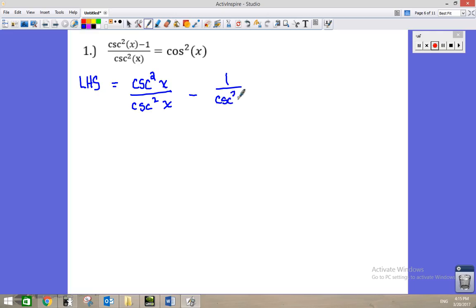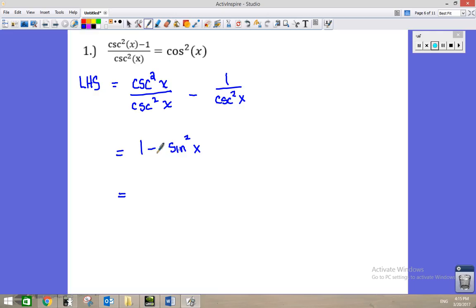So each term in the numerator gets divided by this cosecant squared of x in the denominator. In the first term here we have 1, and by my reciprocal relationship, 1 over cosecant is the sine, and since this is cosecant squared, we'll make this sine squared.